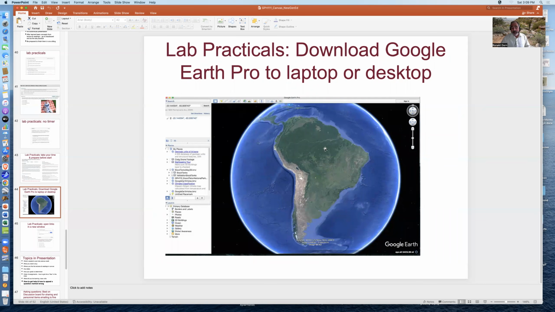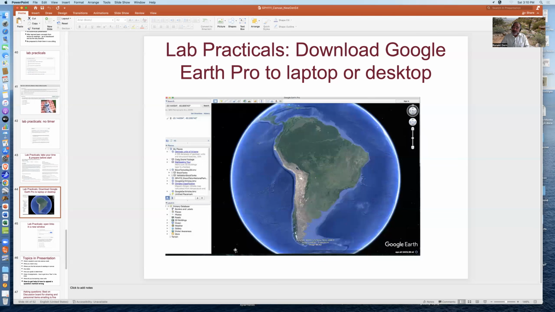For example, this is South America, and at this eye altitude, you can see the giant Andes mountain chain, the ocean, and particular aspects like the big Amazon basin. At this high altitude, you can get an idea of what's called the second order of relief, the giant mountain chains and the big valleys like the trench off the coast of South America.